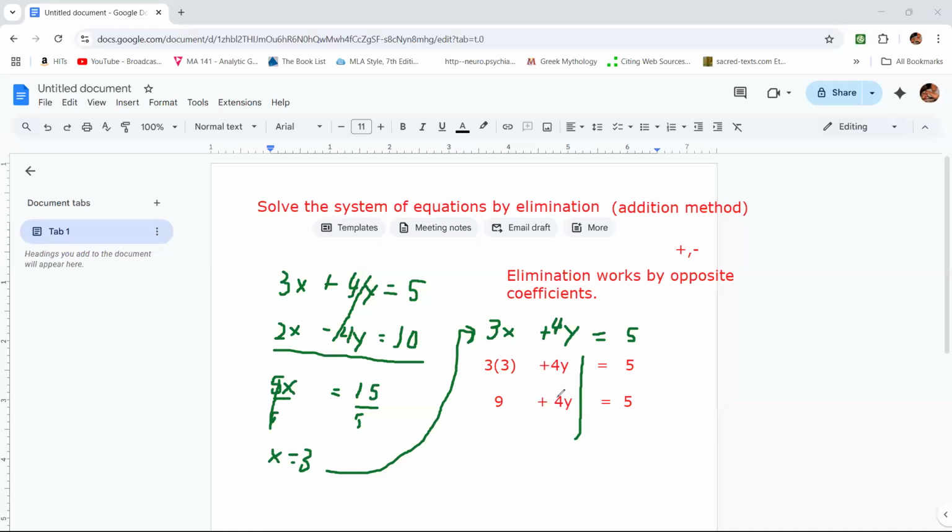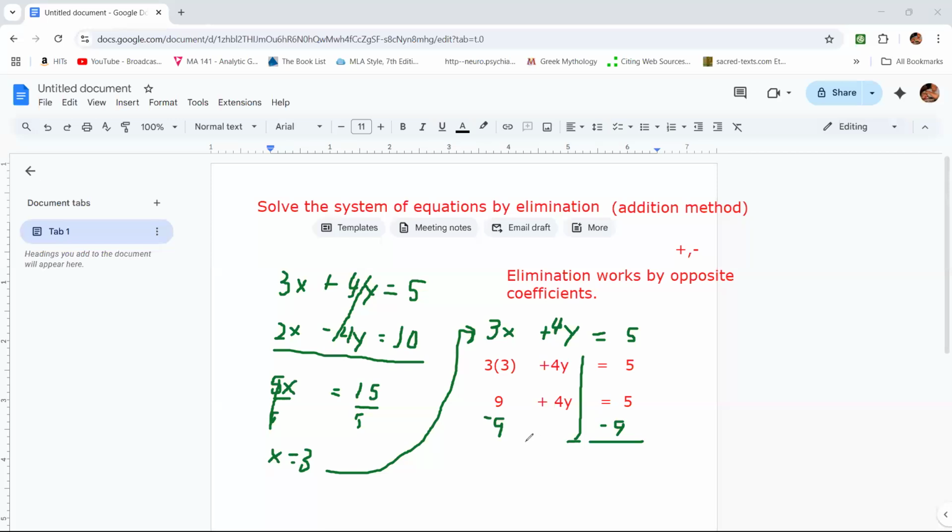I'm solving for y, so I'm going to move the 9 over first. This 9 is positive, so I'm going to subtract 9 from each side of the equation.